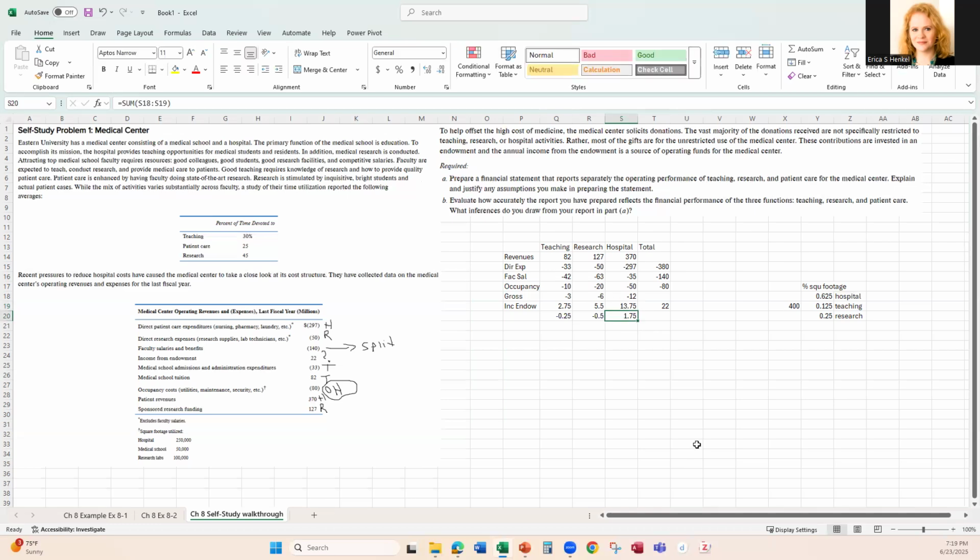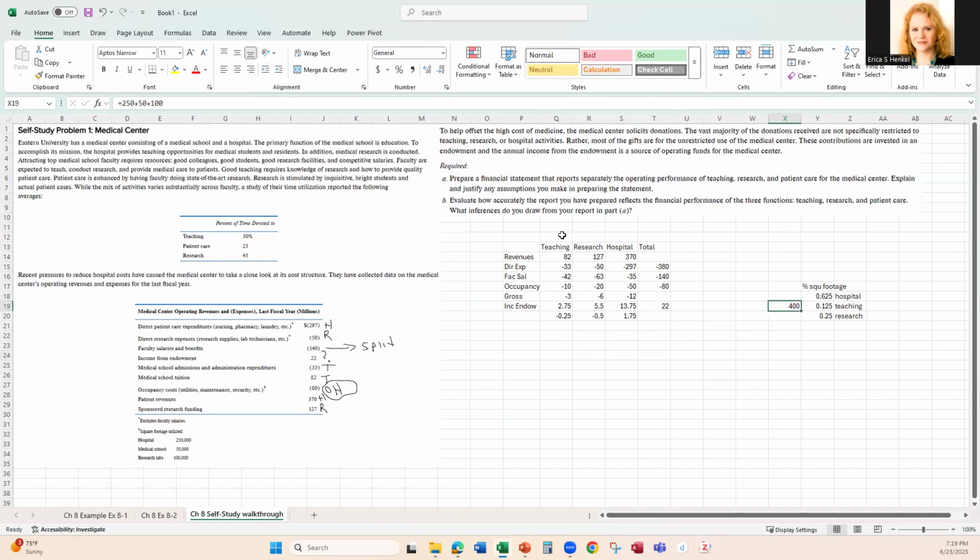Well, then the hospital makes money and the other two lose money. So there's no win-wins here, right? Somebody's losing money and somebody's making money either way. Ultimately, we're losing 21 here and we've got 22. So we're overall breaking even.